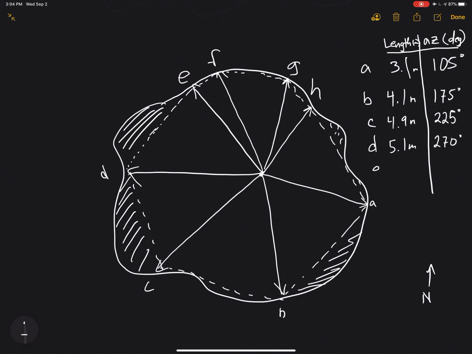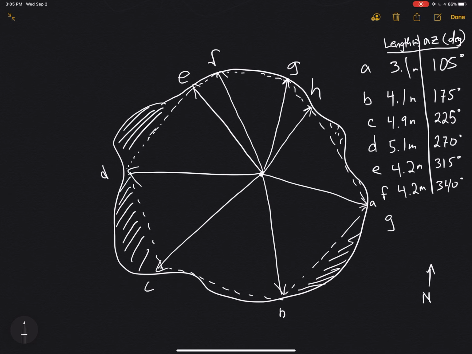E is going to be, let's see, 4.2 meters, approximately going northwest in this case, so that'll be 270 plus 45, or 315 degrees. Radius F is just shy of north, so let's call that 340 degrees north by northwest, and about 4.2 meters once again.